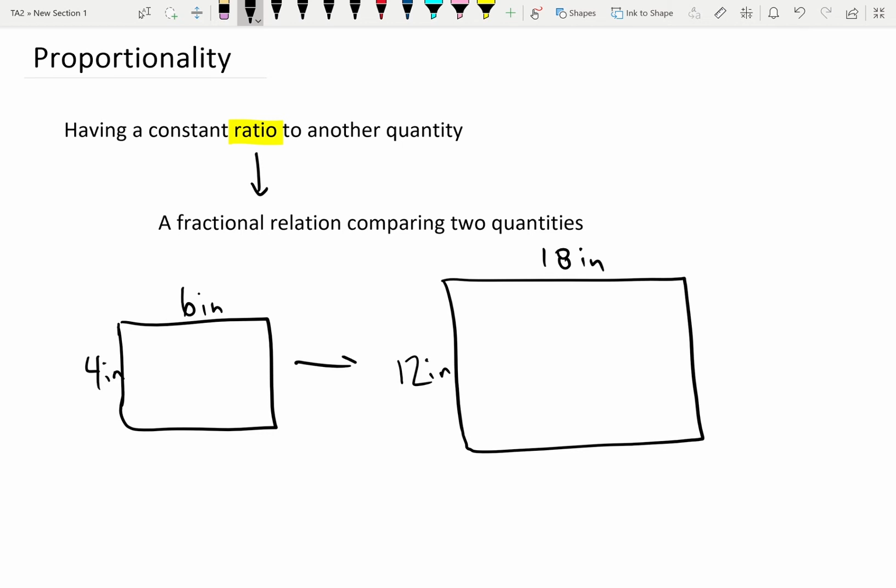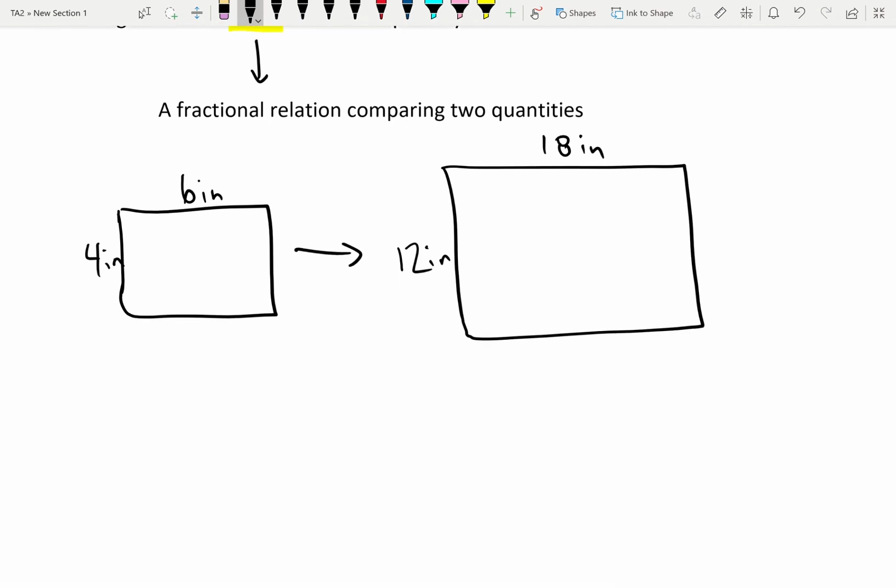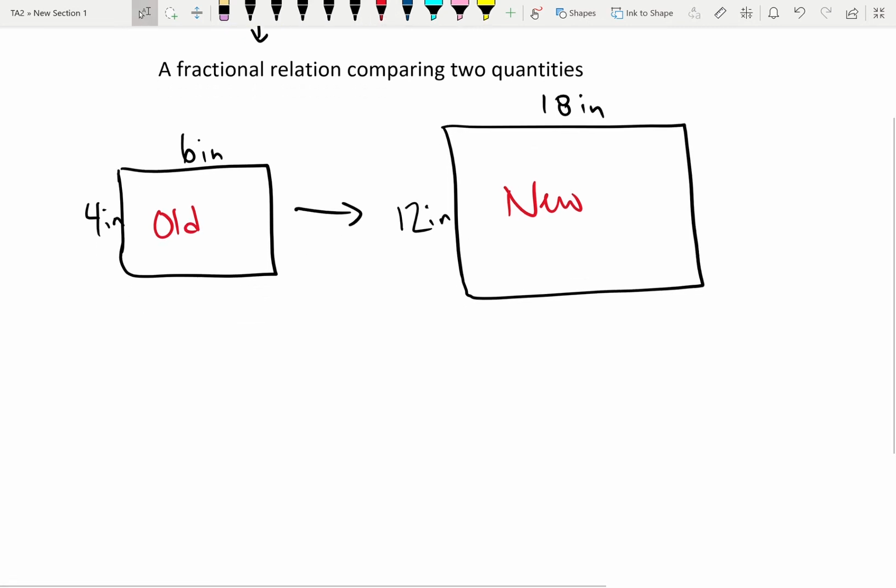So let's say you took this picture home, 4 by 6, you got it enlarged to 12 by 18, and you maybe weren't sure that it was actually proportional. And so you could check this. There's a few ways that you could do this. You could just take the new picture and the old picture, and we think about scale factor, which we talked about in the previous section.